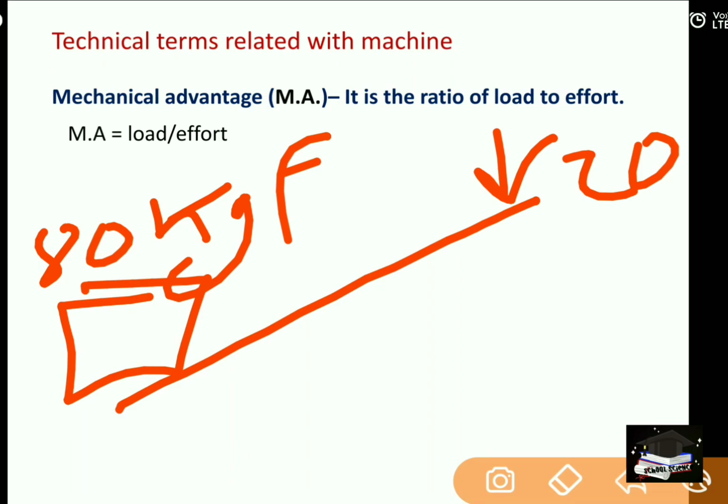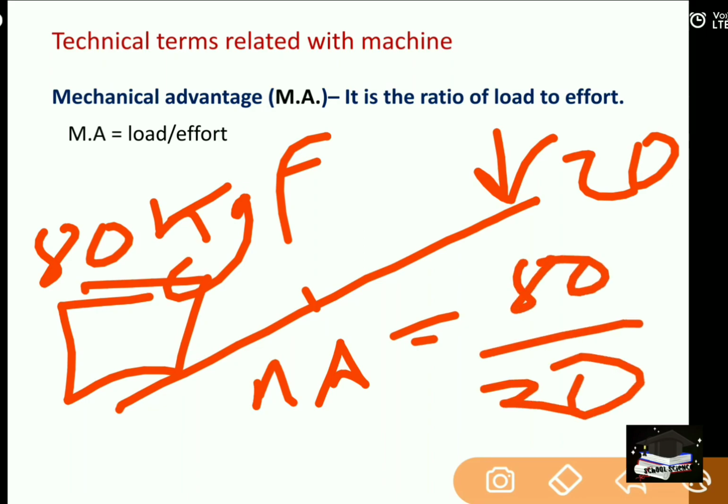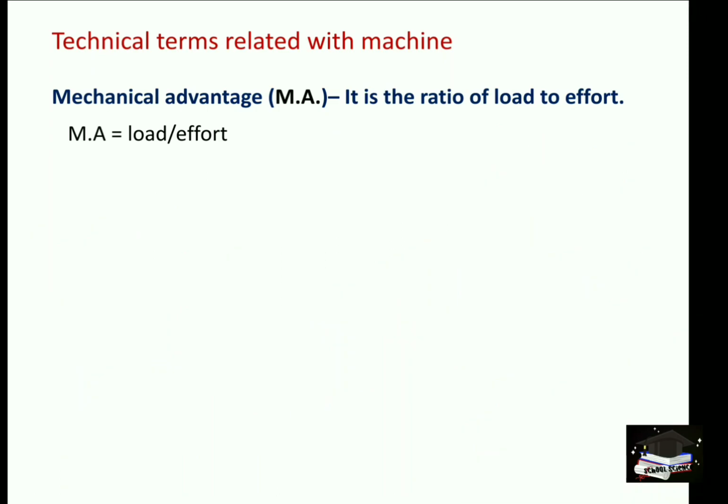What will be the mechanical advantage of this rod? Mechanical advantage equals load by effort. Cancelling, we get 4. So the mechanical advantage is 4. What is the unit of mechanical advantage? Mechanical advantage does not have a unit because it is the ratio of the same physical quantities.